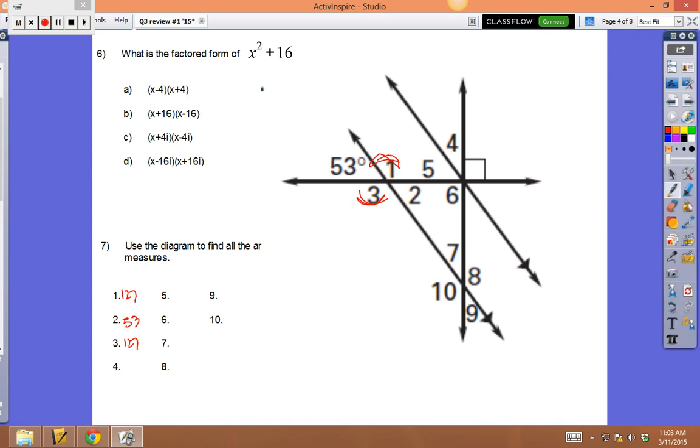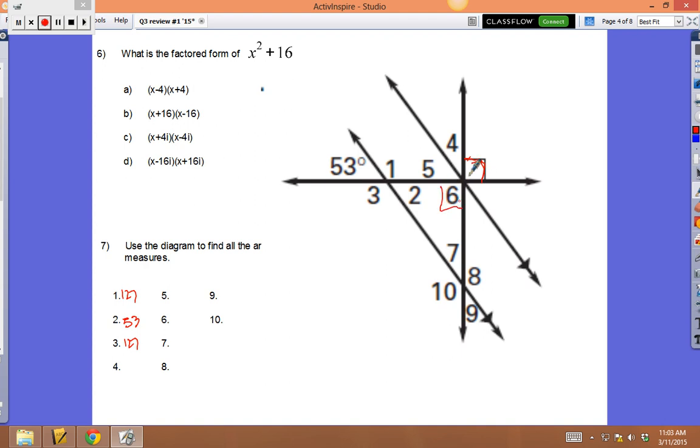Okay, now I'm going to move over and look at 4, 5, and 6. This is a 90. So I know 6 is a 90 because those are vertical angles, so they're the same. So 6 is 90. And I know that 53 is in the same position as 5. So those are the same. So 5 is going to be 53.